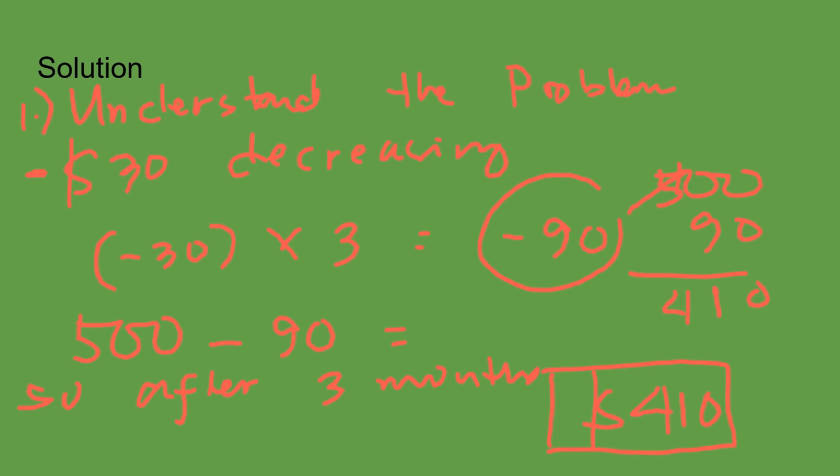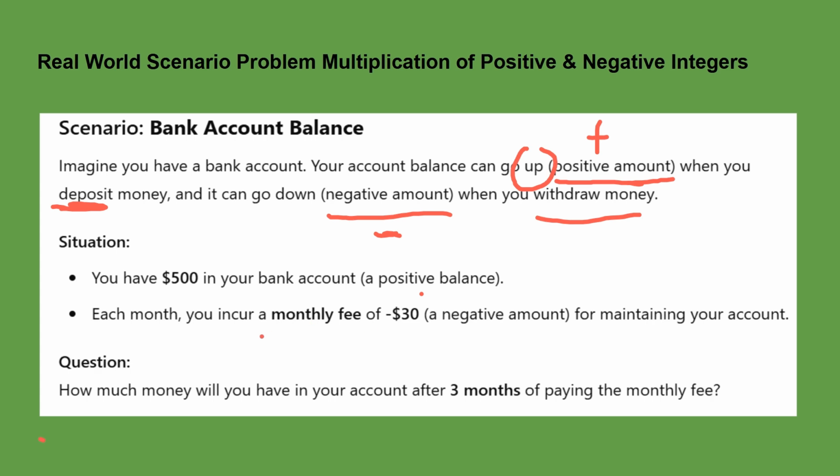Because as I said, we multiply negative 30 by 3, because there's actually a deduction. If we go back to the problem, each month you incur a monthly fee of negative 30. And for how long? It says for 3 months.